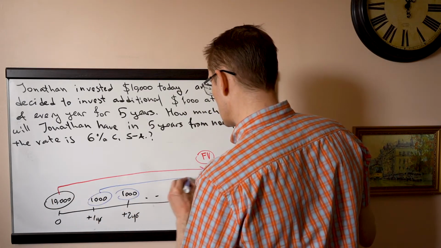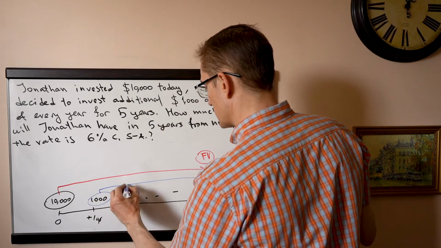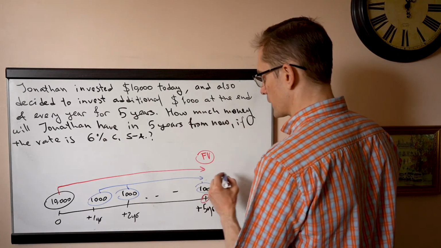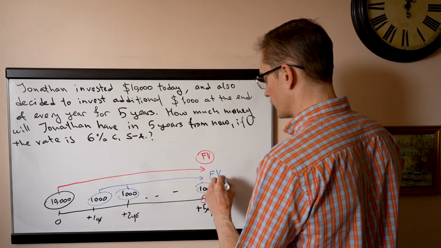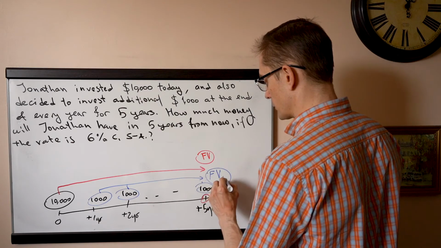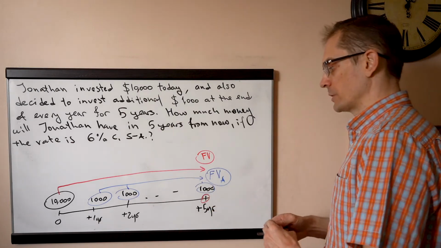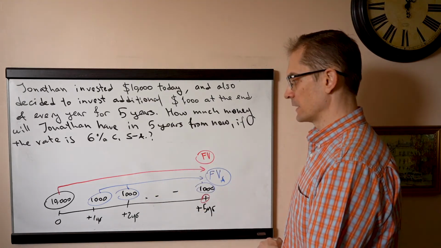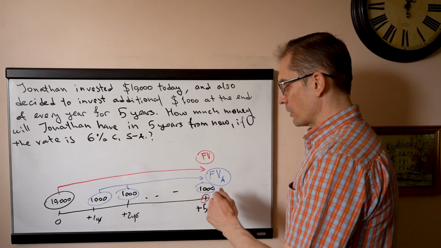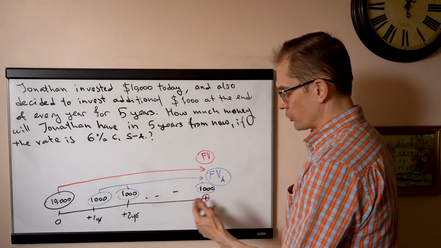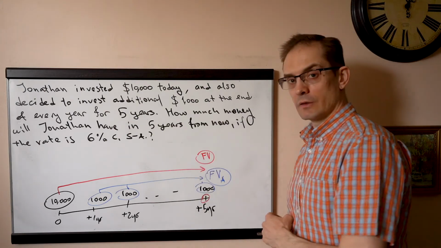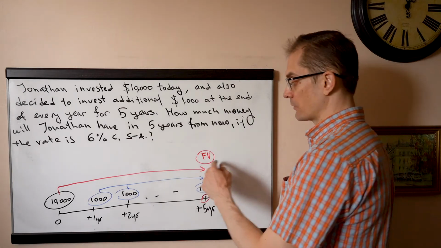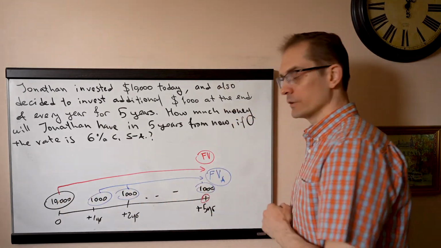So all these payments of the annuity will give Jonathan future value of annuity. So I'll use this A here this time to make sure that we distinguish this future value from the regular future value of that $10,000. Okay, so this total accumulated amount of money after 5 years will be the sum of future value of $10,000 and future value of annuity.